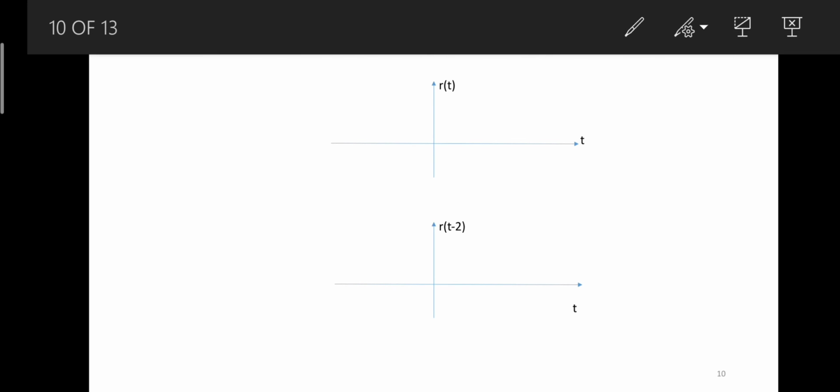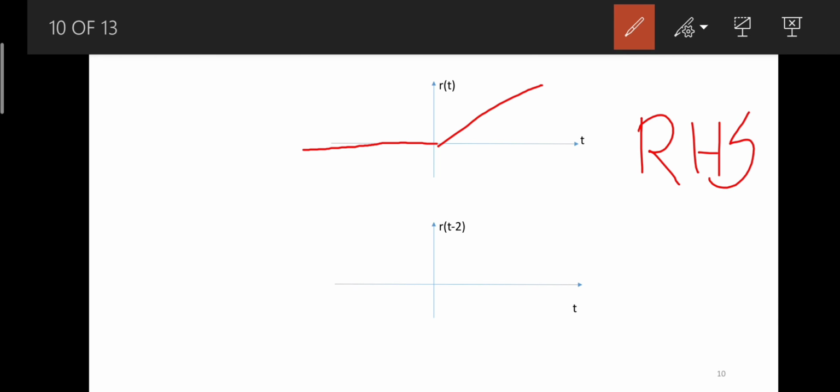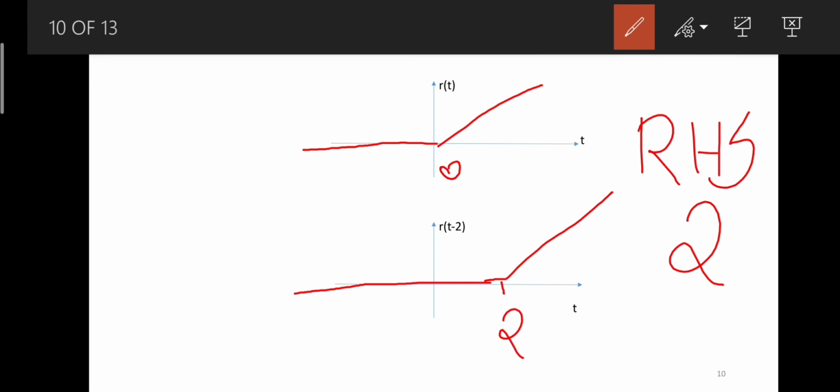That is, we can draw r of t as 0 for t less than 0 and t for t greater than 0, and r of t minus 2 is the right hand side shifted version of r of t by 2 units. So here it is 0 and here it will be 2. So the graph will look like this. It is the right hand side shifted version of r of t by 2 units.